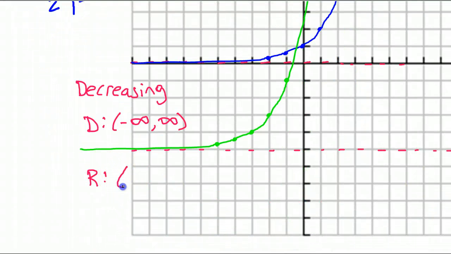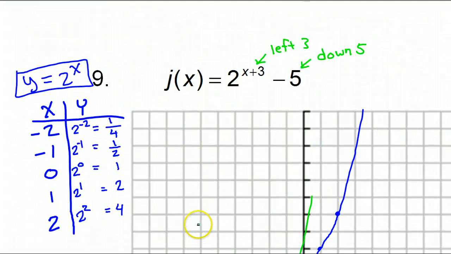Let's make sure I counted right. So negative 5 to infinity. Alright, negative 5 to infinity will be my range. And of course, the actual asymptote was y equals negative 5. Do not forget your y equals. You will lose points if you don't have it. So that was number 9.